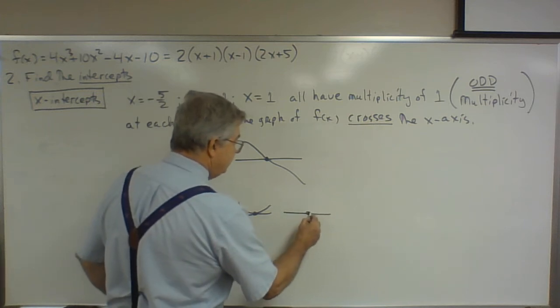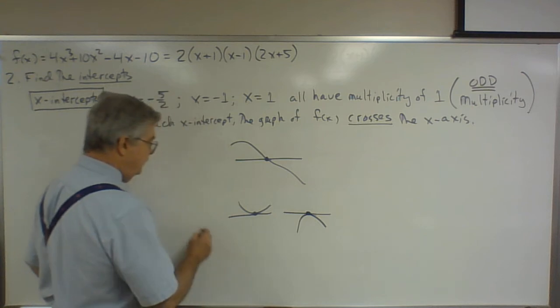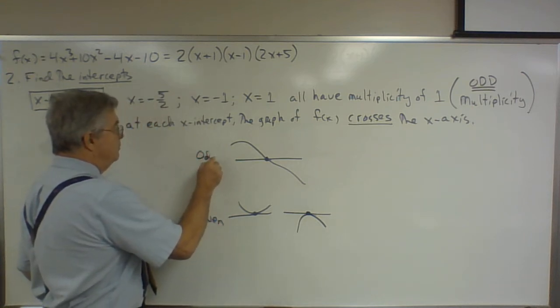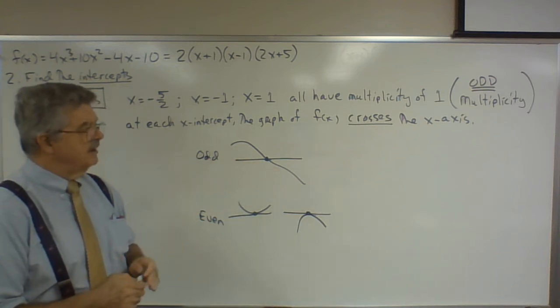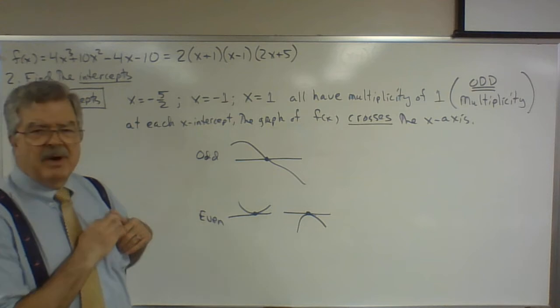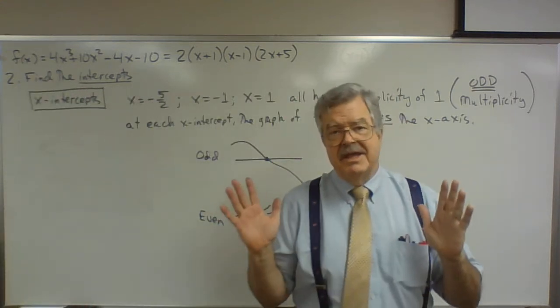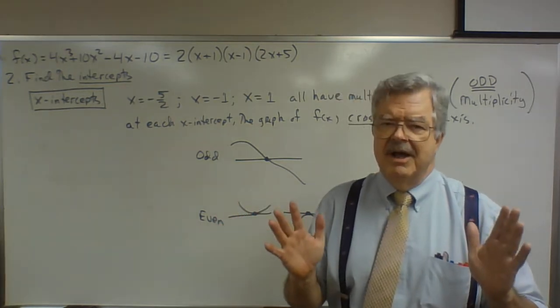So if the multiplicity is even, the graph doesn't cross the x-axis. If the multiplicity is odd, the graph does cross the x-axis. And that's why we made a big deal about the multiplicity. The key is: is the multiplicity even or is it odd?